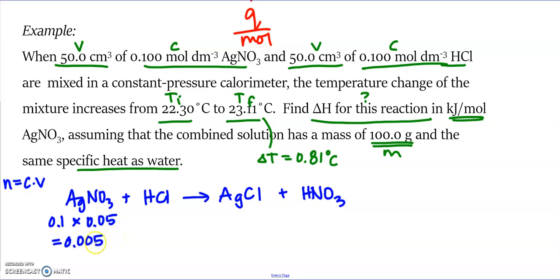And if I go back to the correct sig digs, which should be 3, it's going to be 0.00500 moles. And the HCl, 0.1 times the same numbers, 0.05, would also give me 0.00500 moles. So limiting reactant, both of them are getting used up because this is a 1-to-1 ratio. If in a 1-to-1 ratio one of these was lower, that would be my limiting reactant, and that would be my moles that I would use.